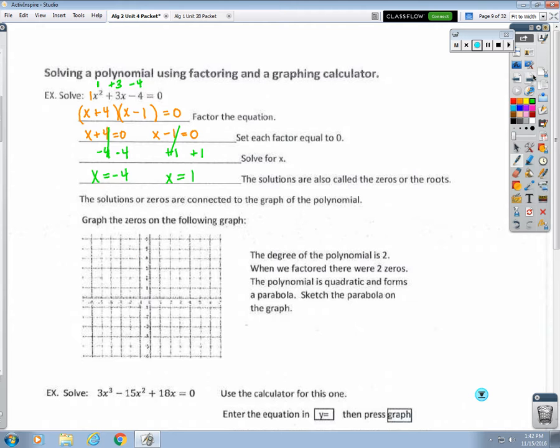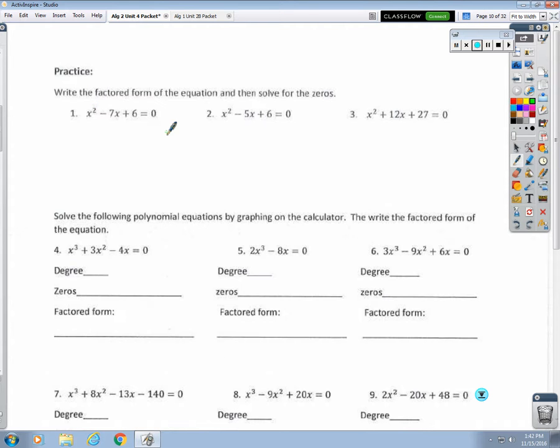Okay, now I'll turn to the next page. I want you to try 1, 2, 3 at the top.